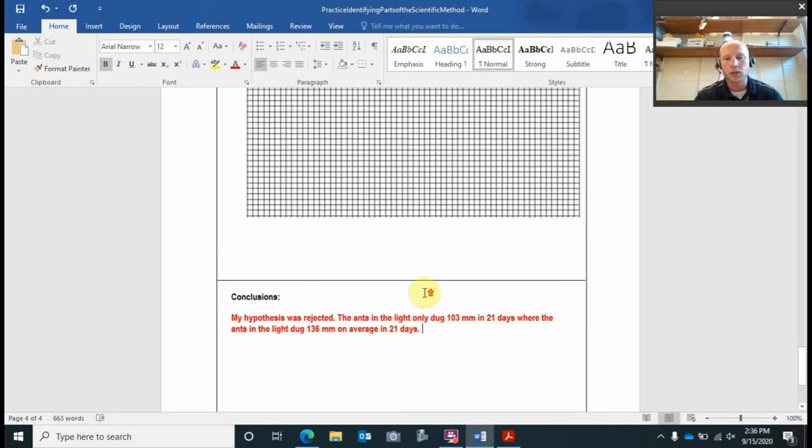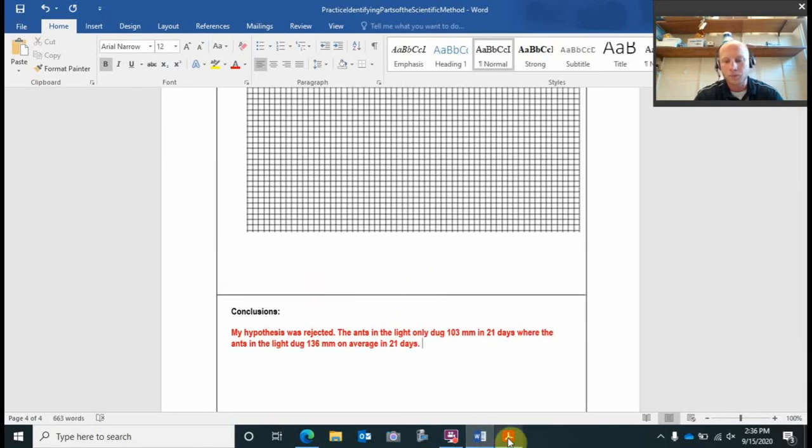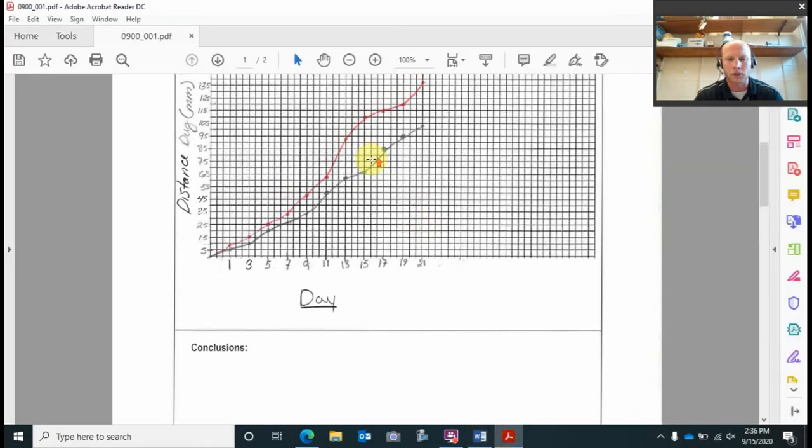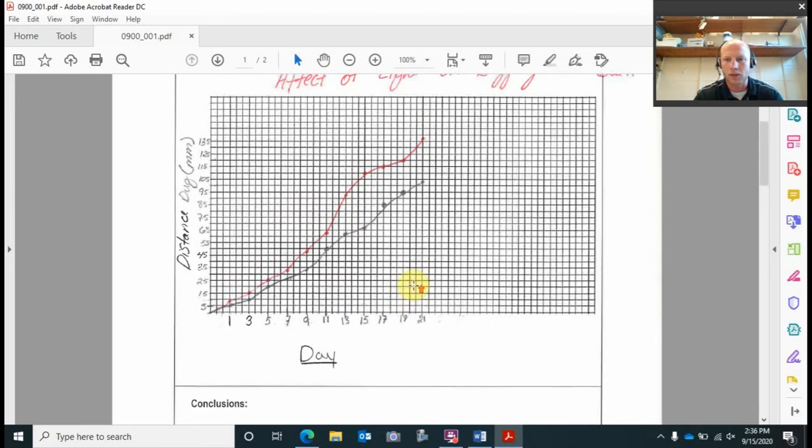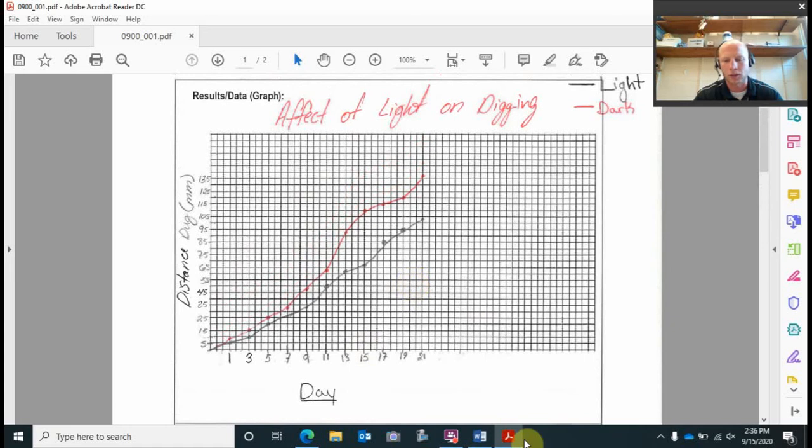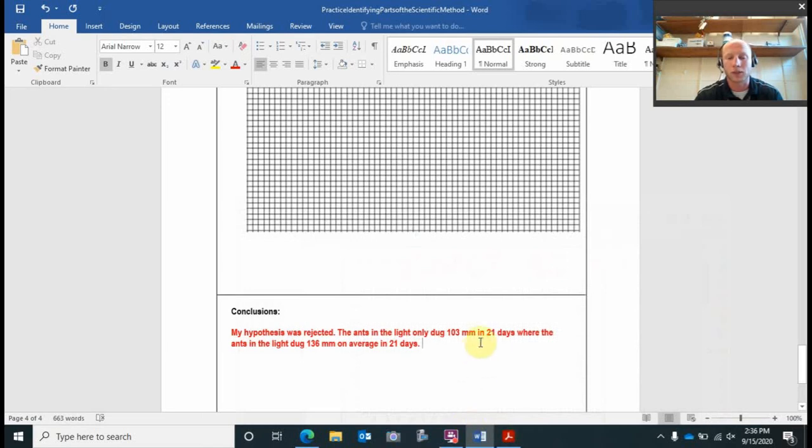Okay, and then I'll also talk about any observations that I noticed. Like I was talking to the other kids, there is a time where they go up a little more. So you could say maybe from like day 11 to day 15 for the ants in the dark, they started digging a little more. Just little observations like that can lead to you doing another experiment.